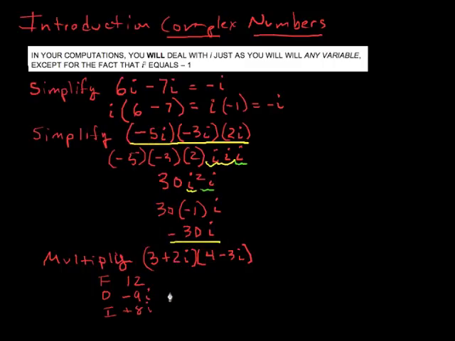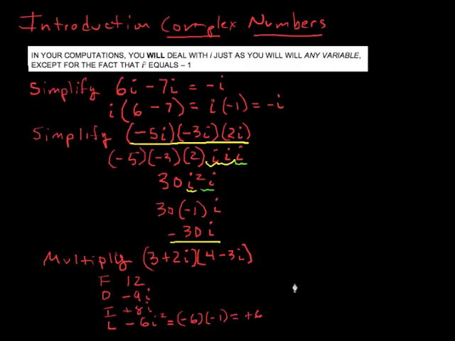And the last terms are -6i squared. We're going to treat i like a variable except that i squared is equal to -1. So -6i squared is -6 times -1, which is positive 6.